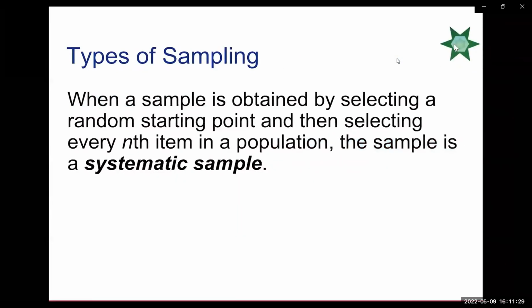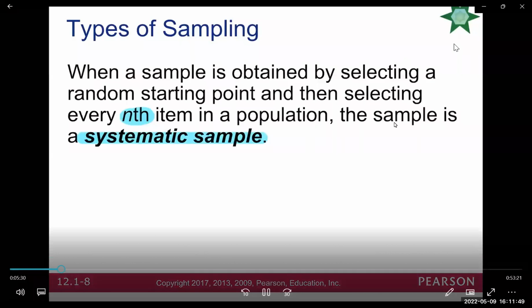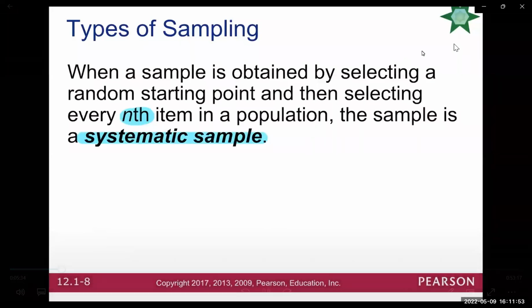All right. When a sample is obtained by selecting a random starting point and then selecting every nth item in a population, the sample is systematic. This is also a good way to do it. Maybe you're outside of a supermarket looking for teenagers to ask a question about social media.